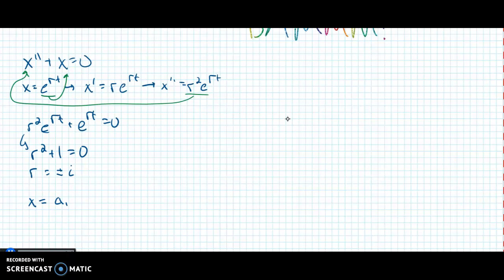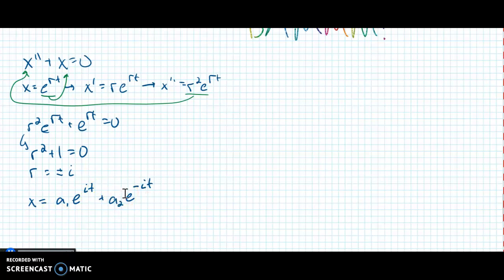I don't want it to be confusing. A1 e to the it plus A2 e to the negative it. Now, the A1 and the A2 are just constants the way they would be if I had real values for r. They could be solved for.